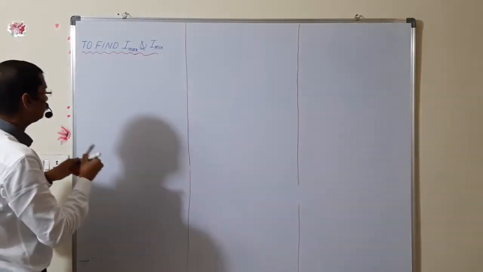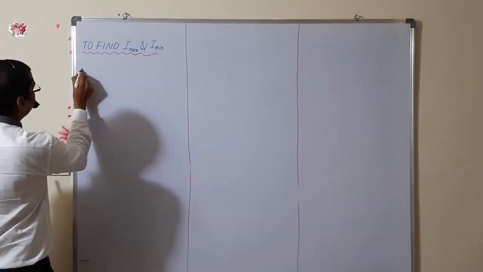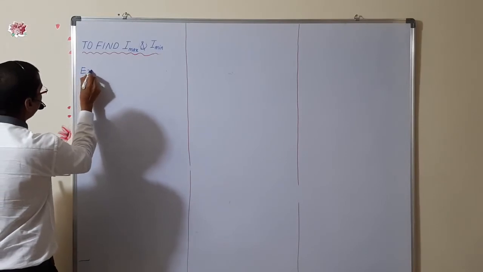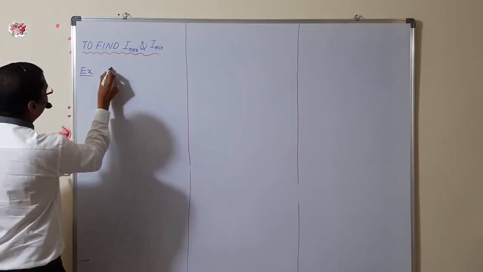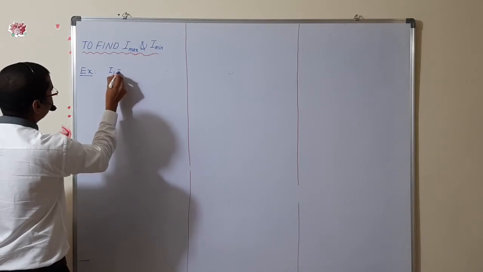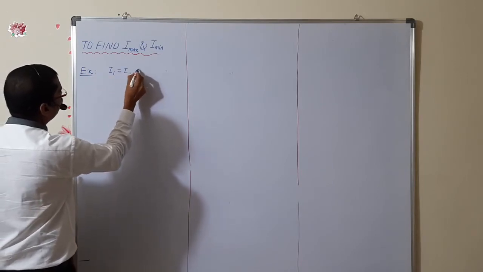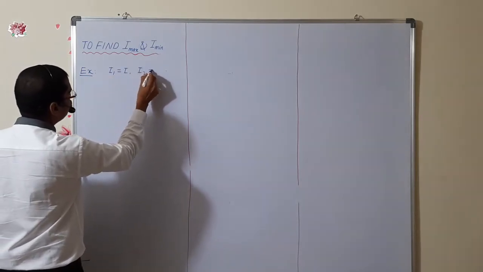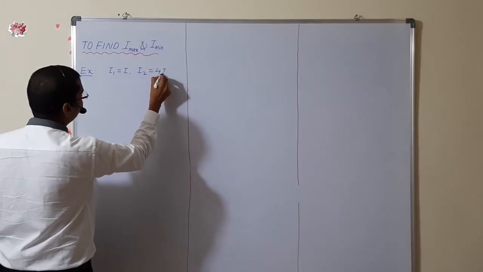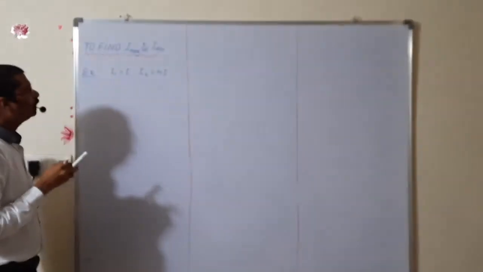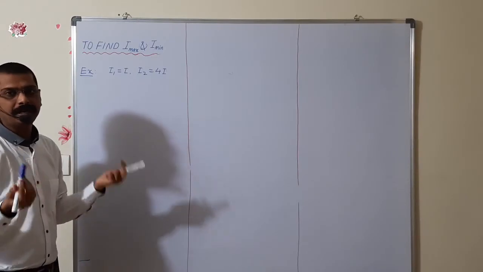Here the first question: I1 is equal to I, and I2 is equal to 4I. Now find the maximum and minimum intensity.